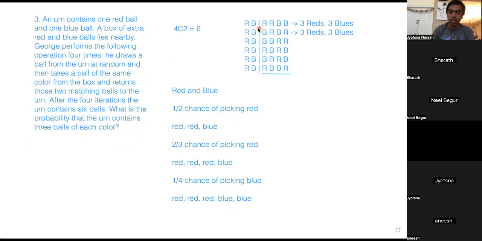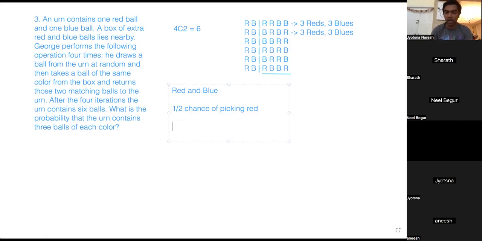So the urn has 1 red ball and 1 blue ball. So what's the probability of picking a red? 50%. Good, 50% or a half. So let's move this for right now. Okay, so you have a red and blue. You have a half chance of picking a red. So once you've gotten a red, now what does the urn have?